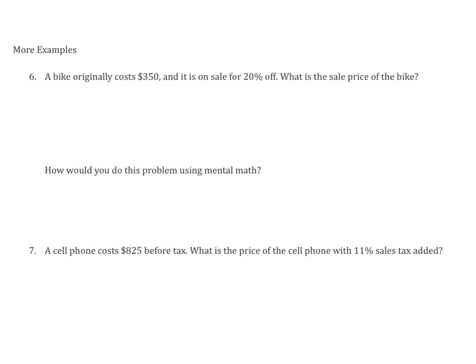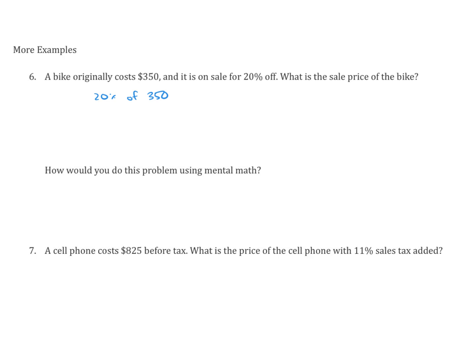A bike originally cost $650 and it's on sale for 20% off. What is the sale price of the bike? So we need to start by finding 20% of 350. One way to do that, using method 1 from our previous slide, is to change the percent to a decimal and multiply to find the part.